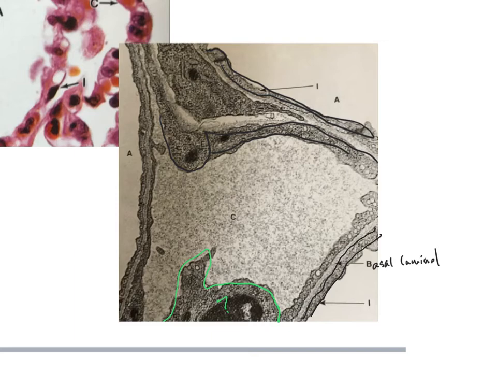What do you think it does? No, this is the nucleus right here. So it is attached to the side. That's a type 2 pneumocyte. That's going to produce surfactant. And so it's kind of attached to this alveolus over here.